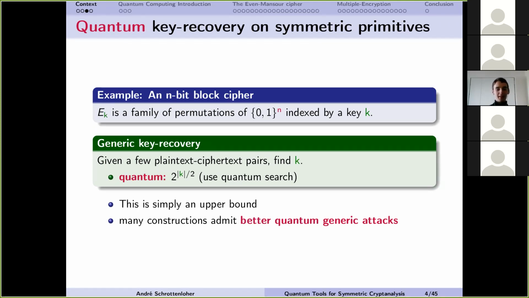That's simply doing quantum search to recover the key. And similarly as before, this is simply an upper bound. We may consider constructions on which there are better generic attacks than that. And the problem is that now we have to look at these quantum generic attacks if we want to know the exact amount of security that we can expect.